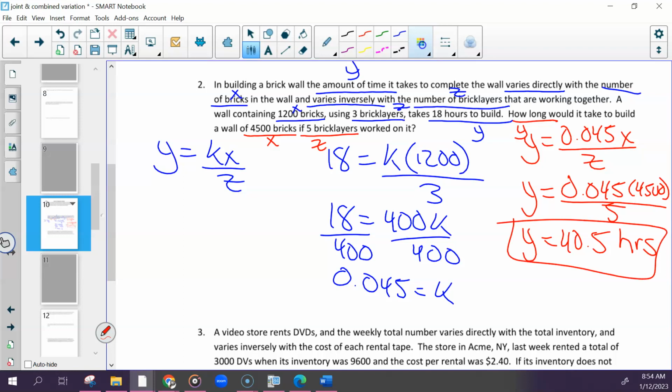So if you can set this up, define your variables, solve for k, put it back in, figure out what you're solving for, these will be no problem for you. Before we do another, what questions do we have?